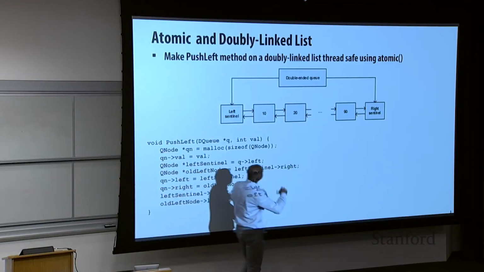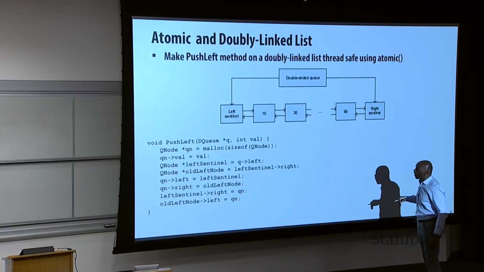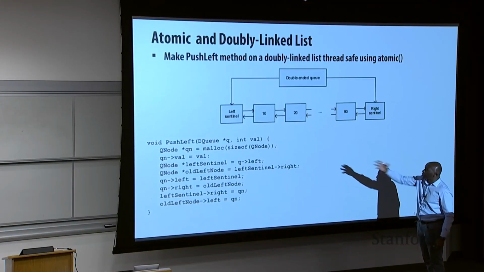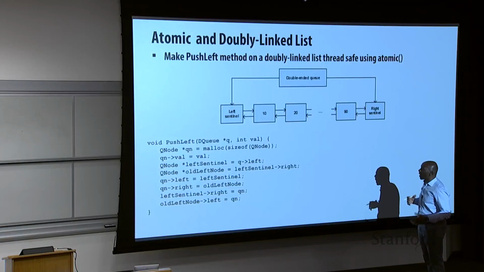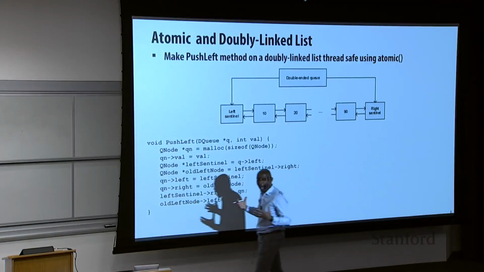So we've got this doubly linked list, and we've got this push left method, and we want to make it thread safe with transactions. So the question is, how should we do that?